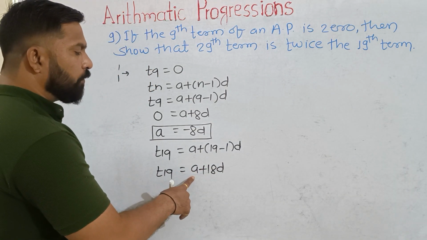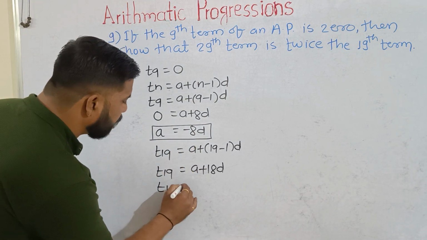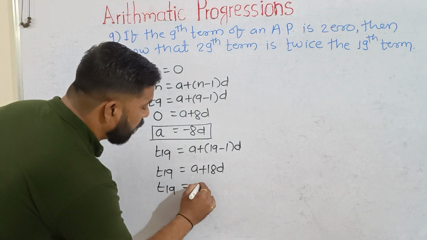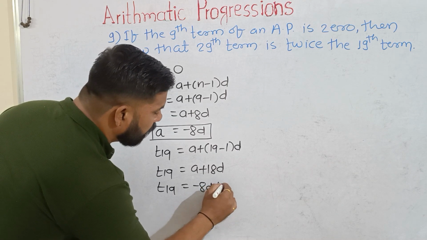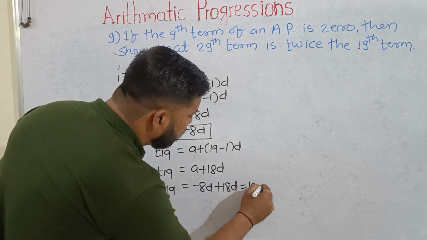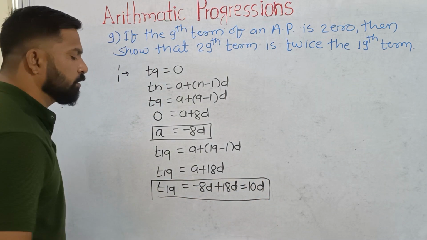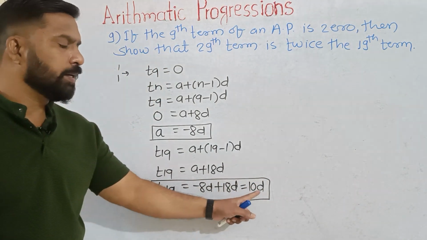But what is the value of a we found? Minus 8d. T19 is equal to minus 8d plus 18d, which is equal to 10d. T19 is equal to 10d.